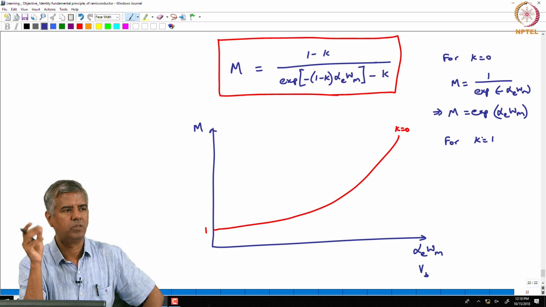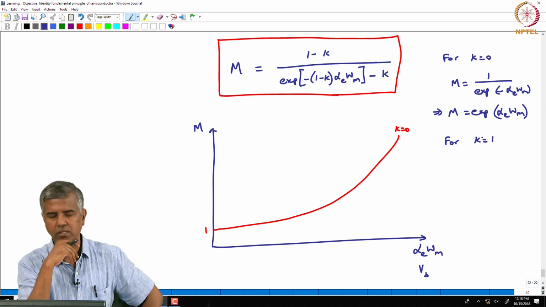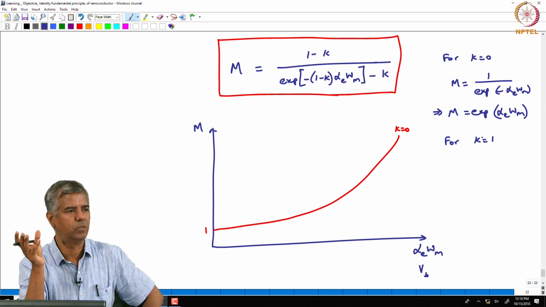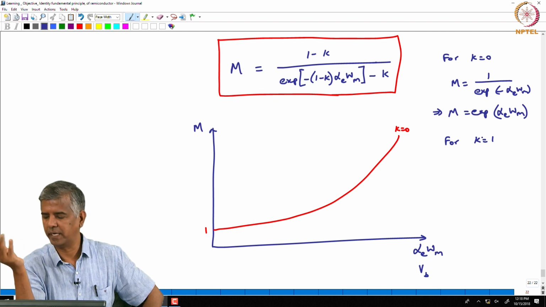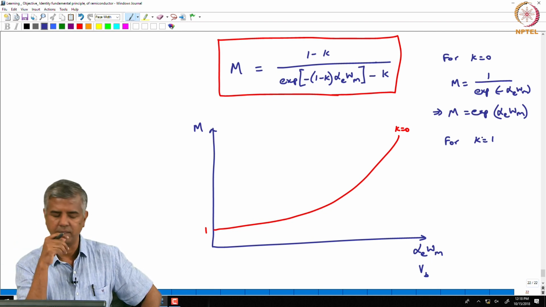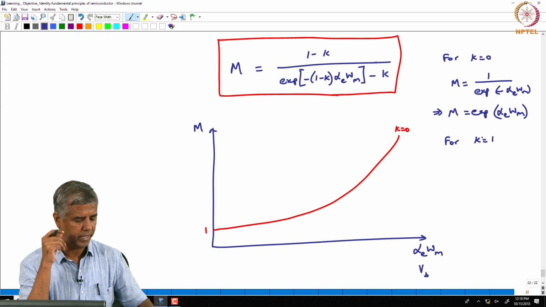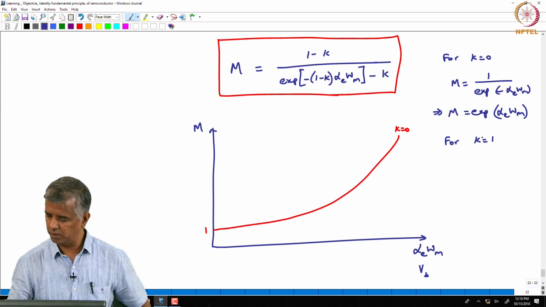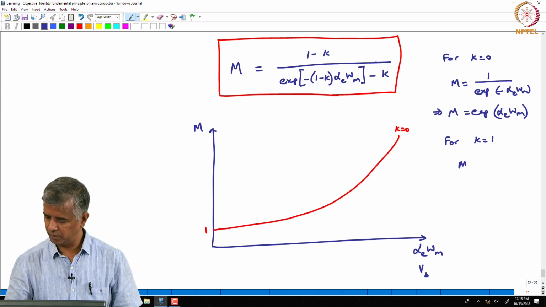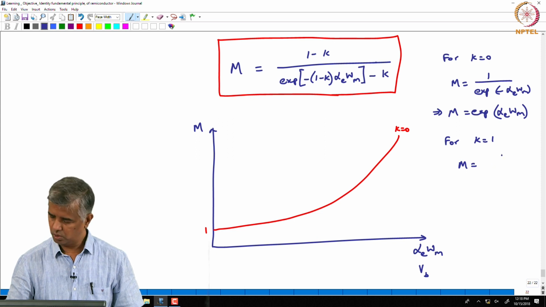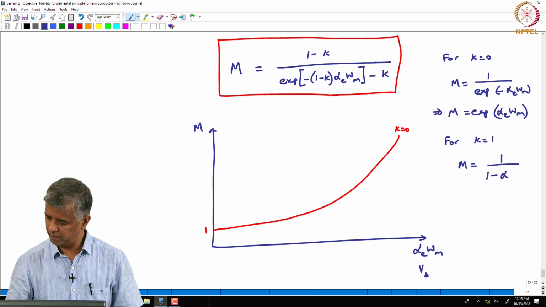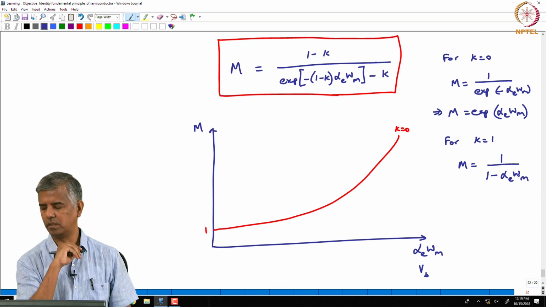So 0 by 0 is an indeterminate solution, and you go for L'Hospital's rule. You take the derivative of the numerator and the denominator, and what you get is M equals 1 over 1 minus alpha e W m.